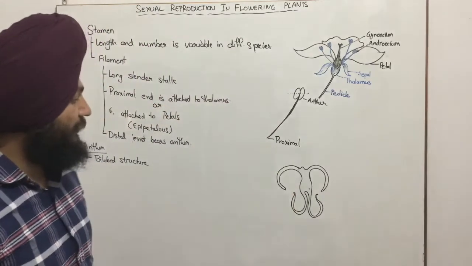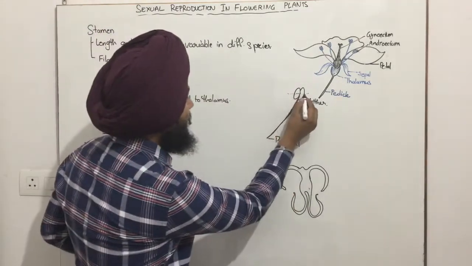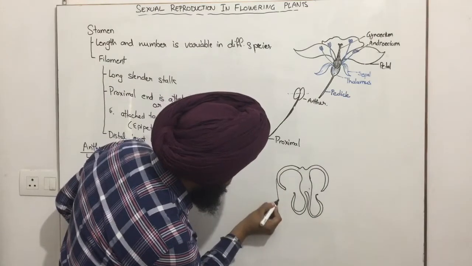So this is a transverse section of anther. When we kept the anther like this, the lower part we draw it like this.